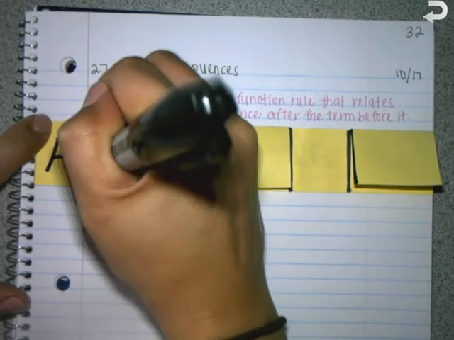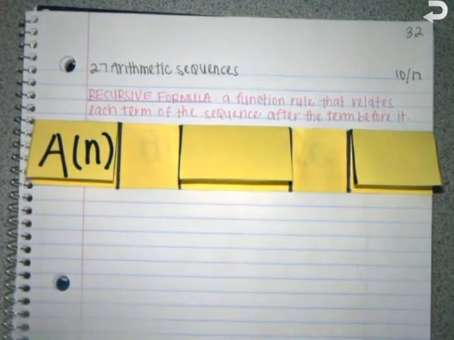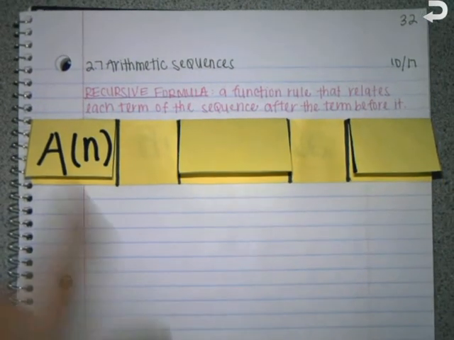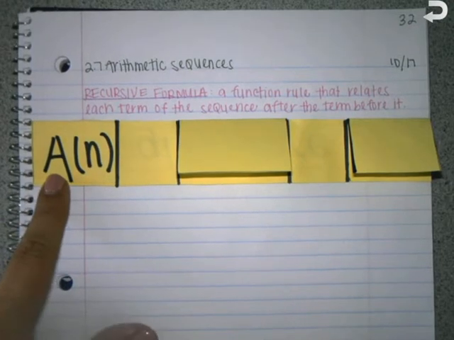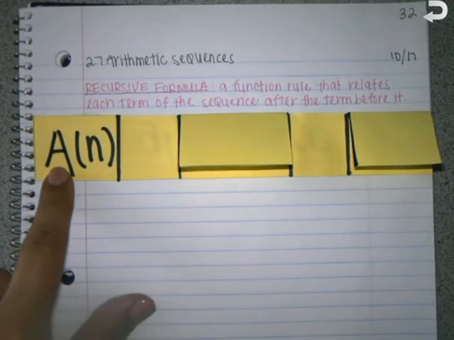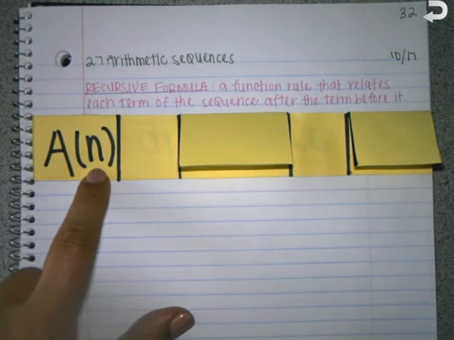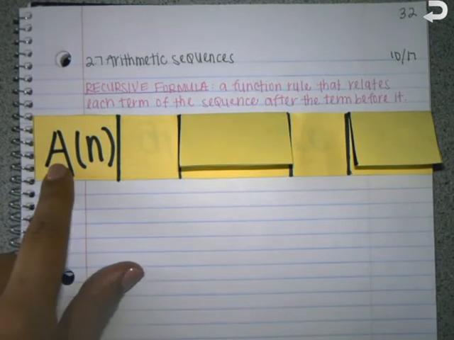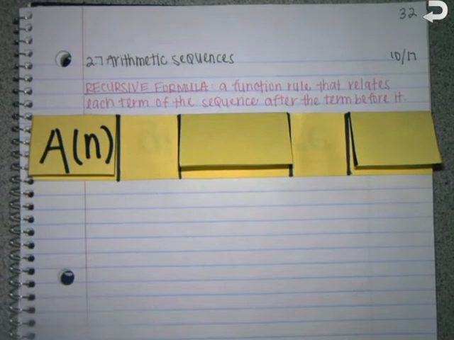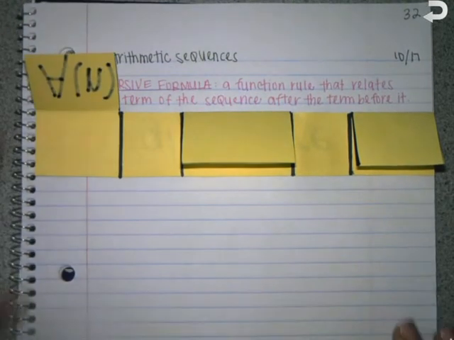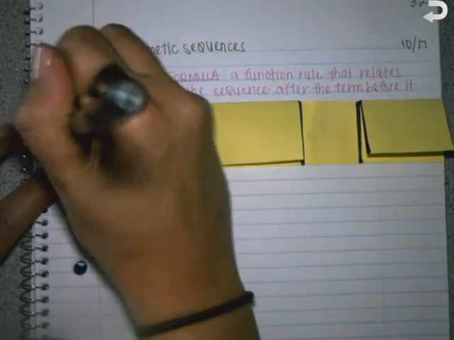That's function notation, right? What do you think the A stands for? Arithmetic. The n is the term number. So this means the sequence for a specific term number. We call that the nth term. So underneath the flap, label it nth term.